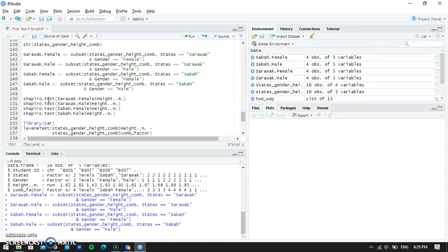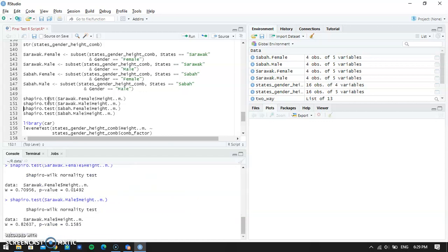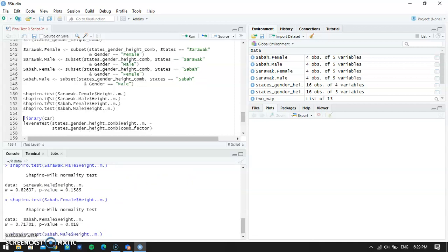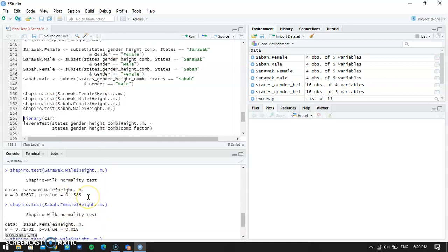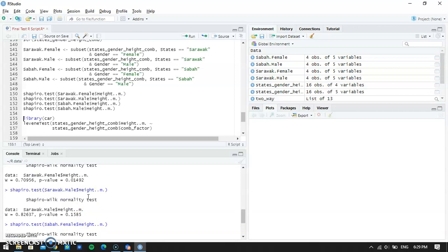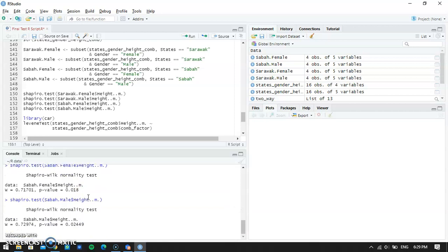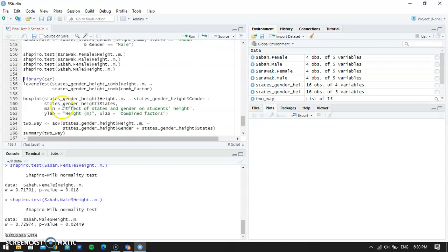Next, to test for the normality of the data, I carry out the Shapiro-Wilk test on the 4 subsets that I've broken up earlier. And based on the Shapiro test results, most of the p-values are lesser than 0.05, meaning that the data are not normally distributed.